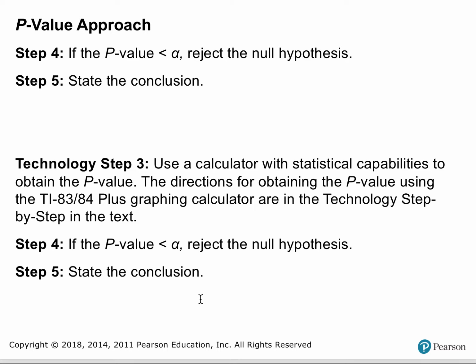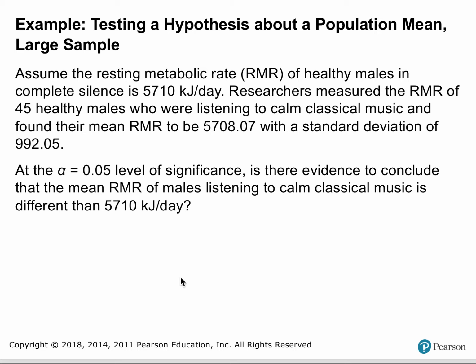So we're going to verify these assumptions by constructing box plots to discover if there are outliers. If the box plot reveals outliers, we move to non-parametric methods, which is not in this course. But remember that. We've got to make sure there are no outliers or n is greater than or equal to 30. Okay, so let's look at an example.